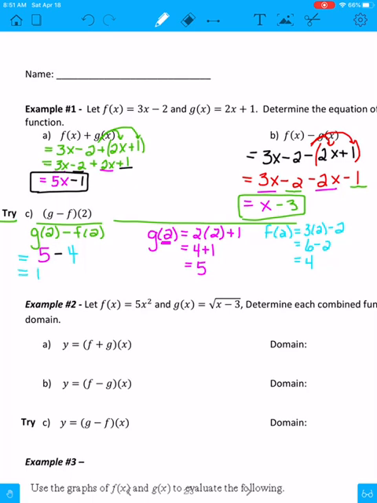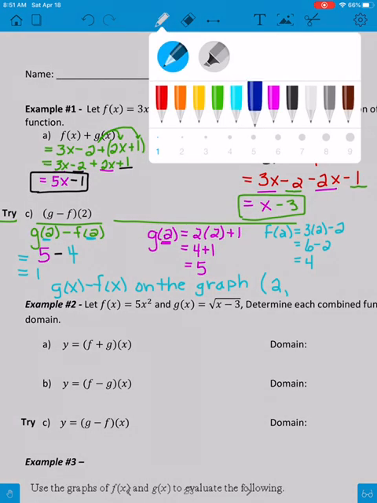So technically, when I fill a value in for x like that, I actually found a new point on the graph of g minus f. So on the graph of g minus f of x, so g of x minus f of x, on this graph, I have the coordinate 2, 1. 2 is my x because I used it for both my x's, and my y is my answer, 1.